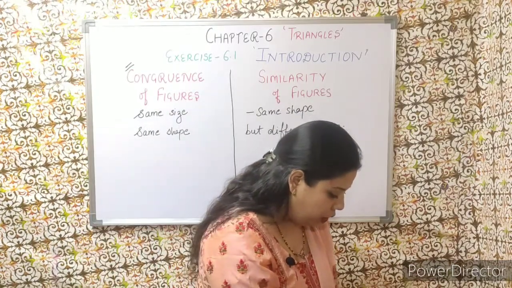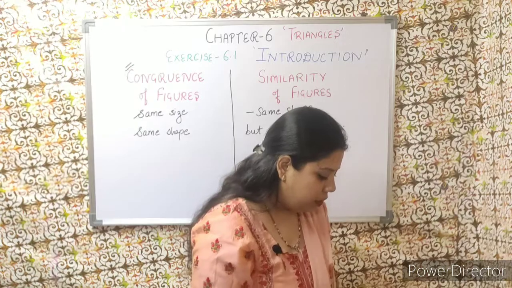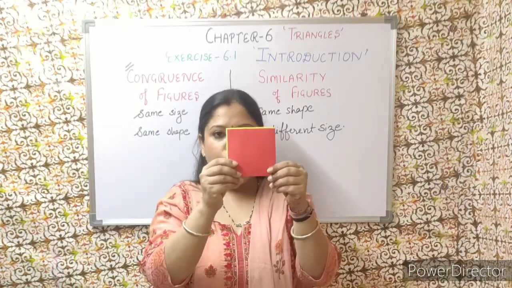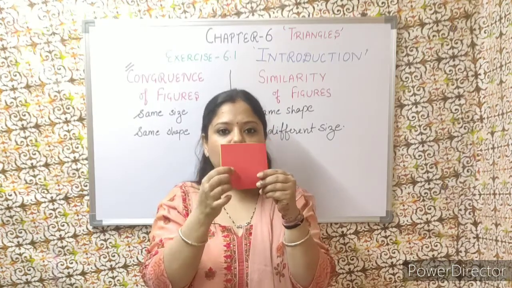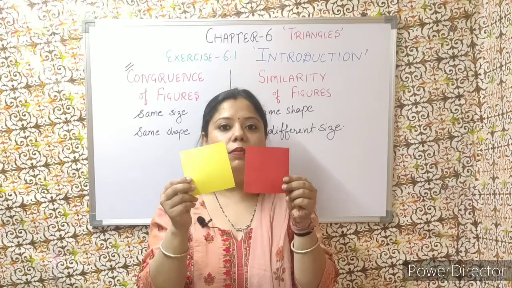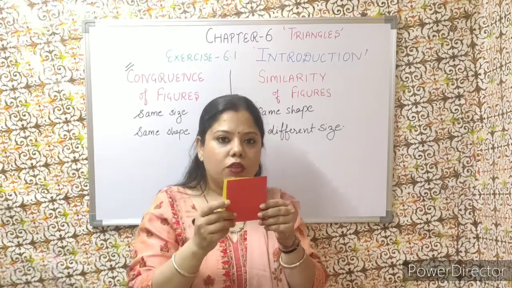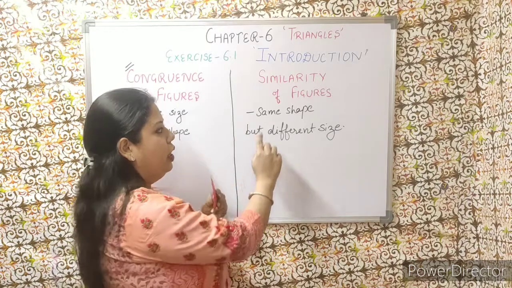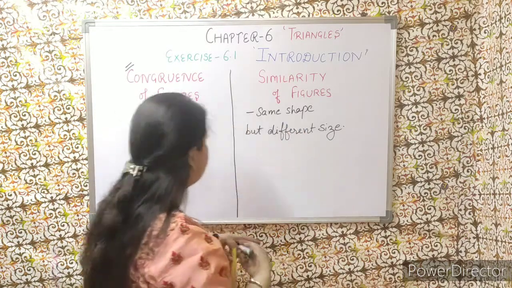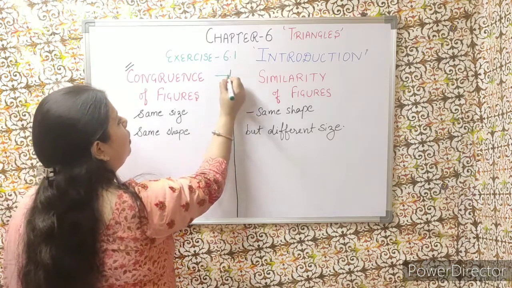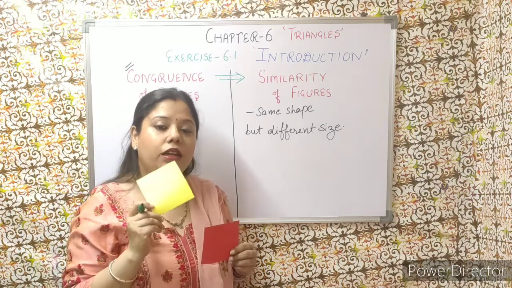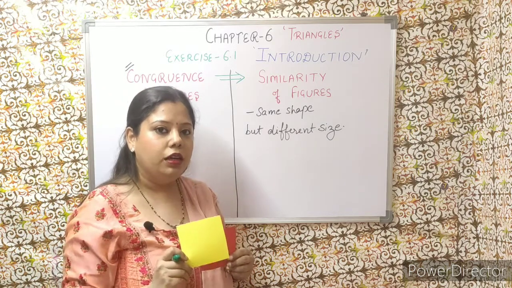Now one thing we also see from these examples, that I showed you these two squares. These two squares are congruent to each other, but at the same time they are similar also, because for similarity only one condition is required, that is same shape. So what does it mean? It means congruence implies similarity. If two figures are congruent, it means they are similar.